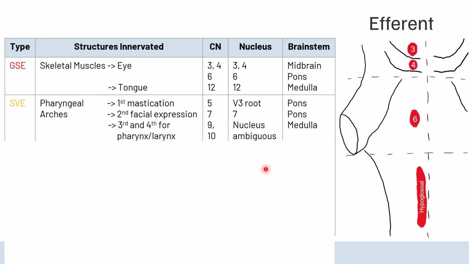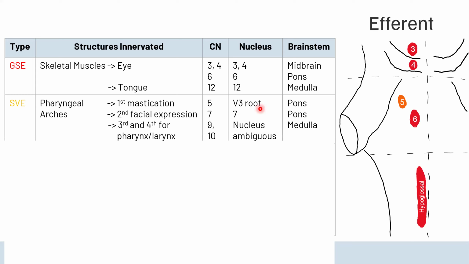Our special visceral efferents are from our pharyngeal arches. The first is for mastication. The second is for facial expression. The third and fourth are for the pharynx and larynx. This brings us to this arrangement. So the first is for the fifth cranial nerve, right? What is it going to give? It is going to give one tiny, tiny nucleus in the pons for its motor supply.